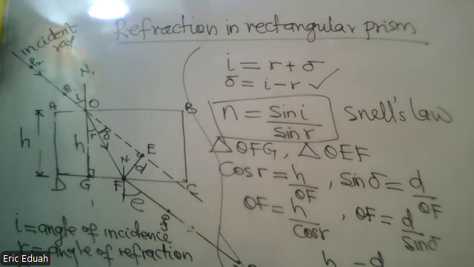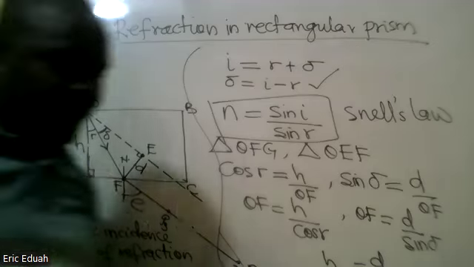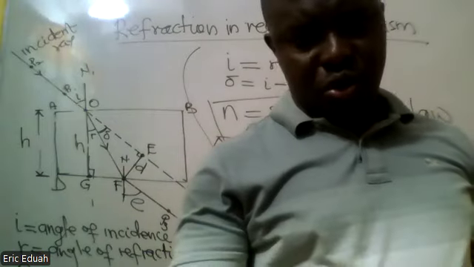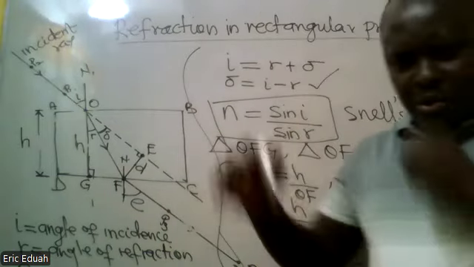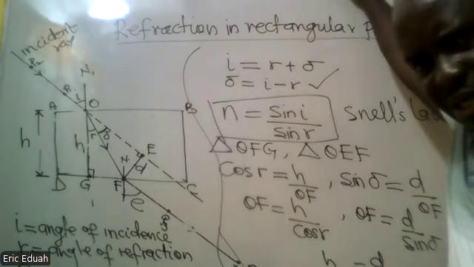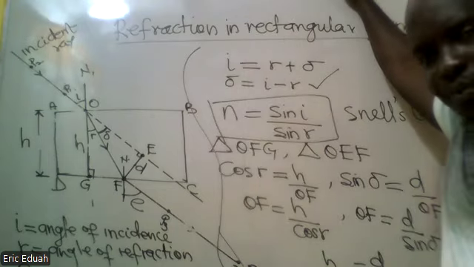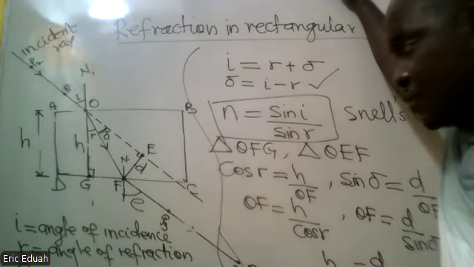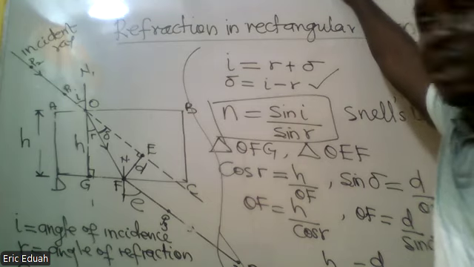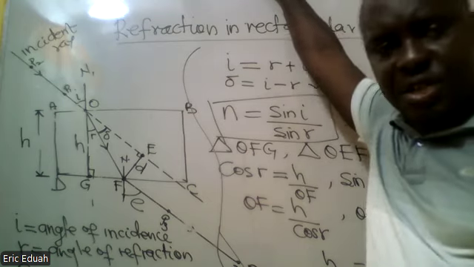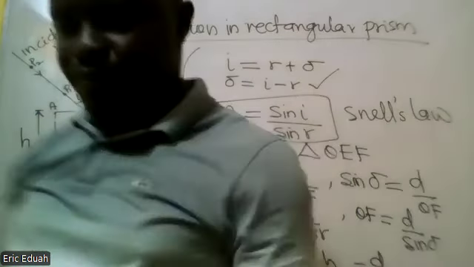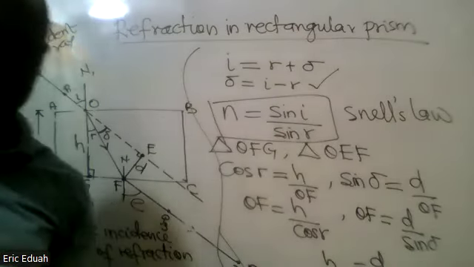But our last meeting is on Friday. So on Friday, we need to go through this with some speed so that we can touch on lenses and refraction of light in a triangular prism. So it's going to be fireworks.